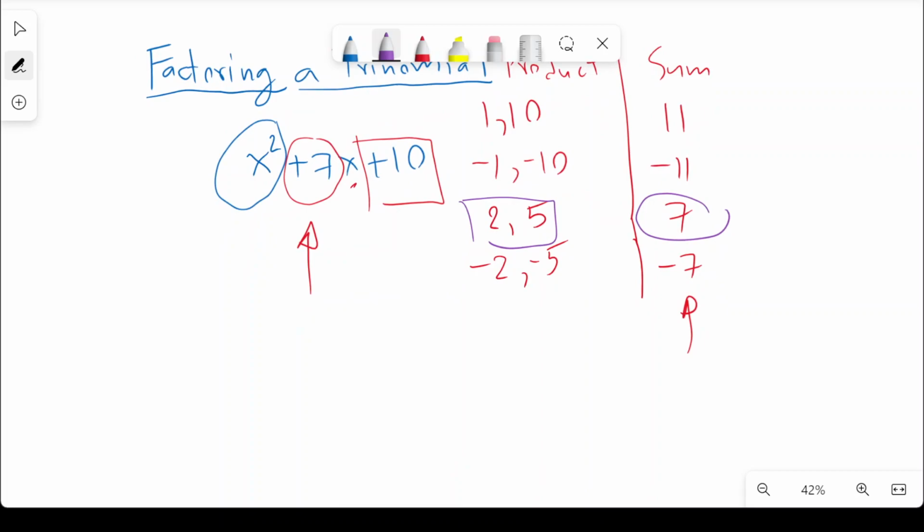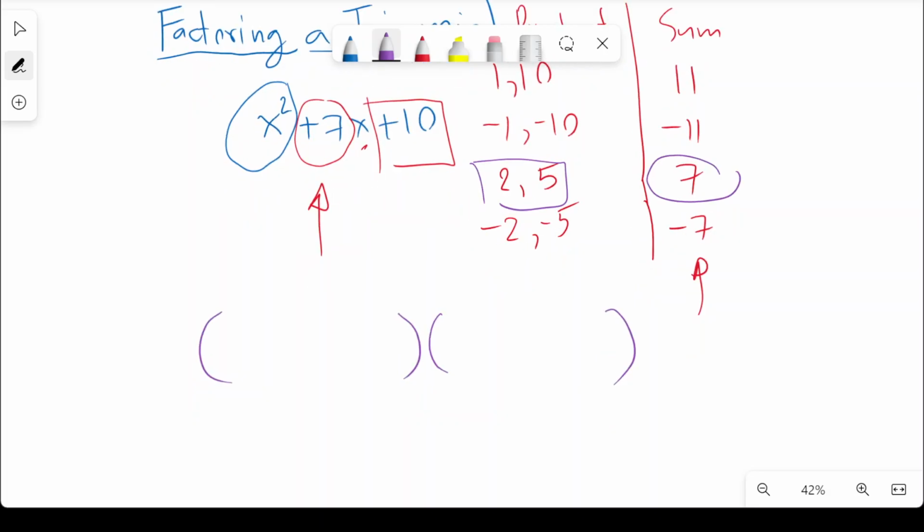Now, how can you write the factors of this trinomial? First, you write two parentheses like this. Next, you write x in each one, and then you go back to the numbers that you found that give the product of 10 and the sum of 7, and look at the sign in front of each number.